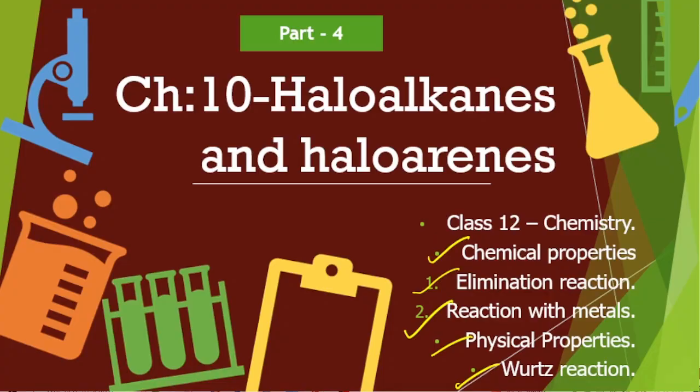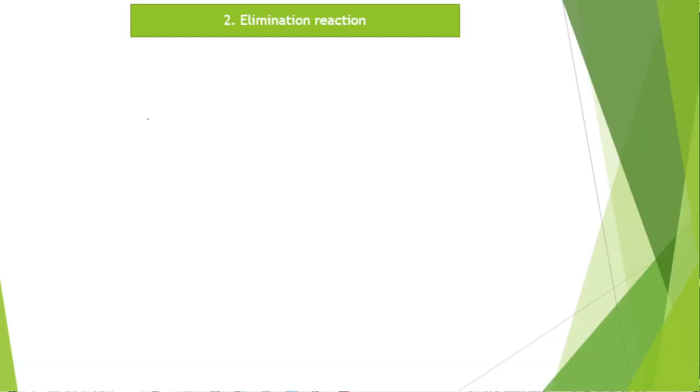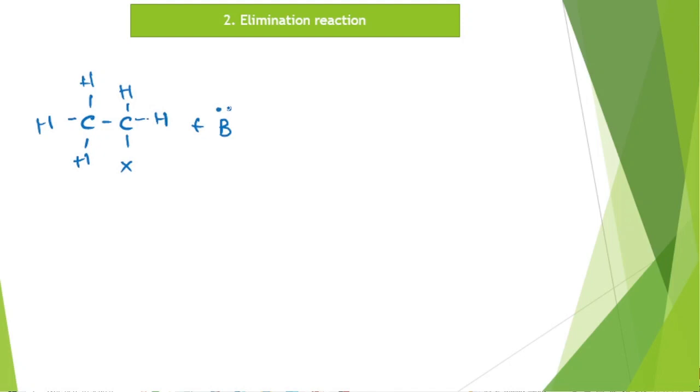Okay, let's go on. We are going to start with the elimination reaction. First I am going to take the double bonded carbon compound with some X attached. Now I'm going to react it with Br in the presence of alcoholic KOH.